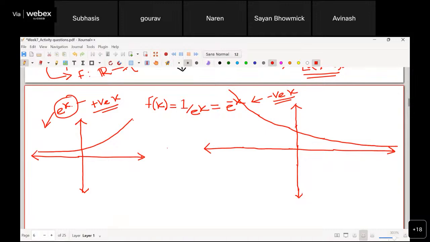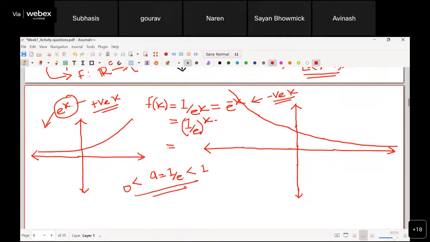Because here I can write this as 1 by e to the power x. So what is a here? a is basically 1 by e, which is less than 1 and greater than 0.